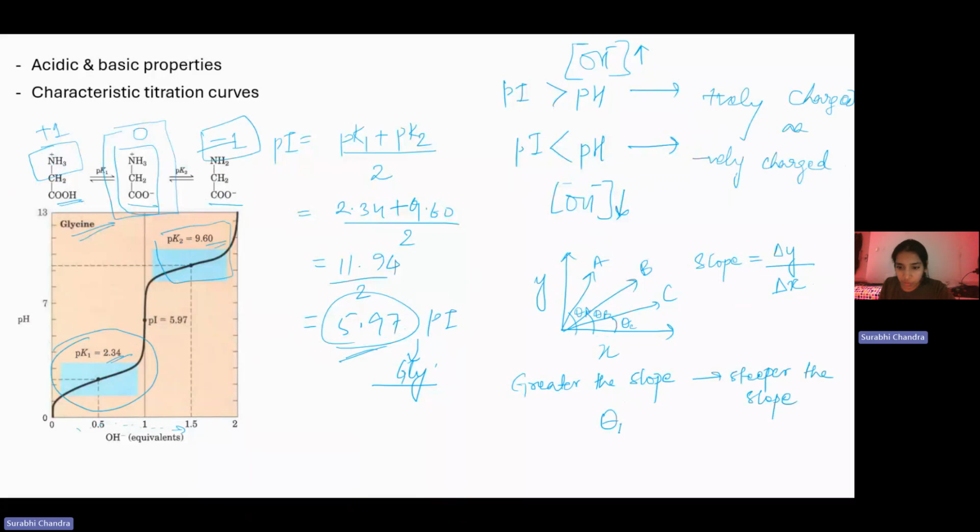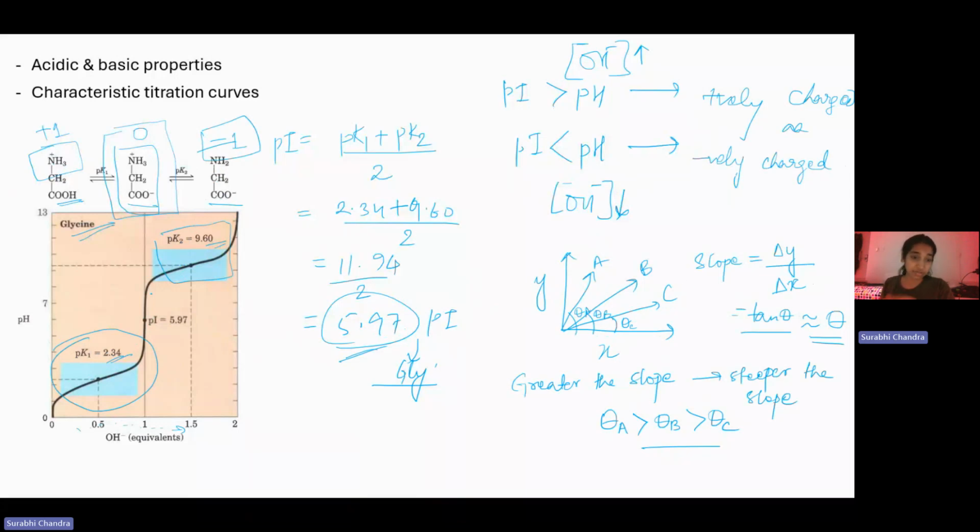So theta A is greater than theta B, which is greater than theta C. The slope is represented as tan theta, and we are considering that tan theta is nearly equal to theta. The steeper the slope, the greater the change in the y value. This is the significance of this.